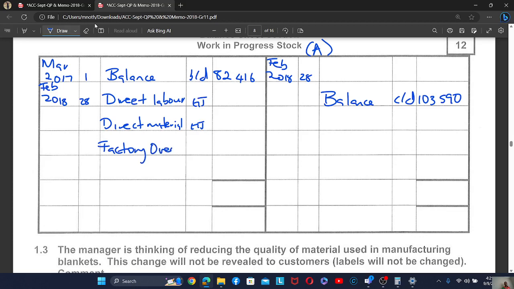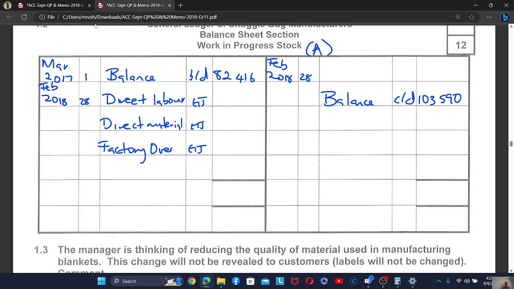Actually, in the work in process, we record all the expenses of the factory. But the factory is not involved in making the goods. So why is it involved in the work in progress stock?